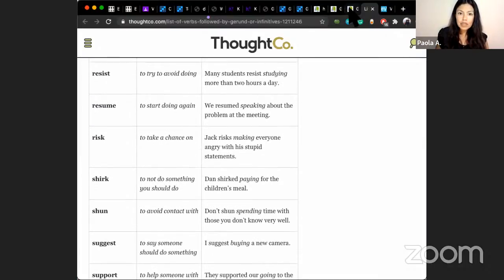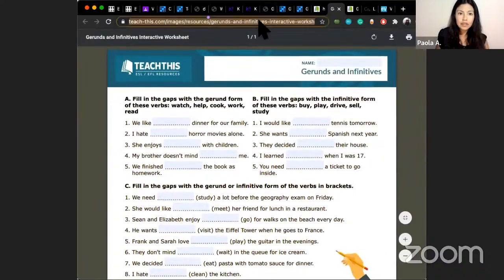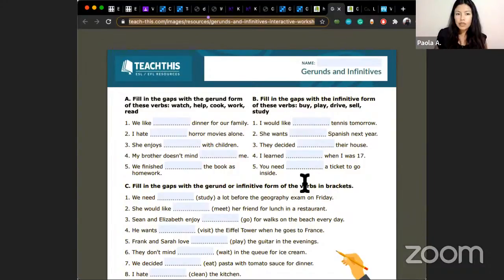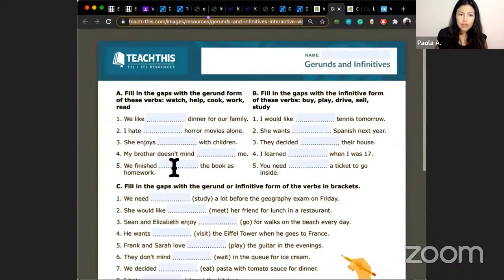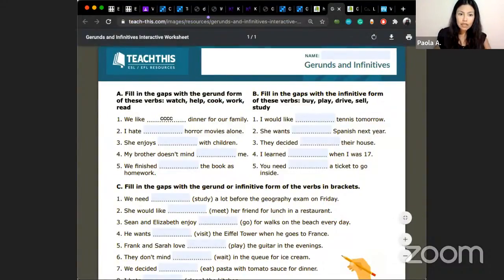So I'm going to share this exercise with you. And basically, what you're going to do is just to work on the spaces. You can check the page if you want to see, no? But here you have a list of verbs. No, for A, you have this list of verbs. So you can write it here, no?